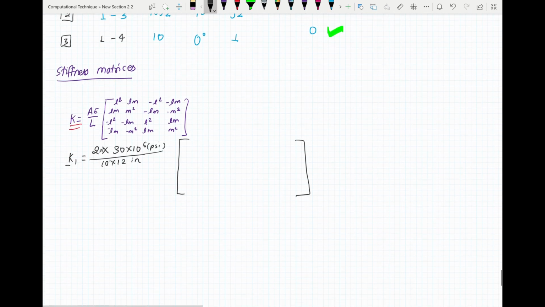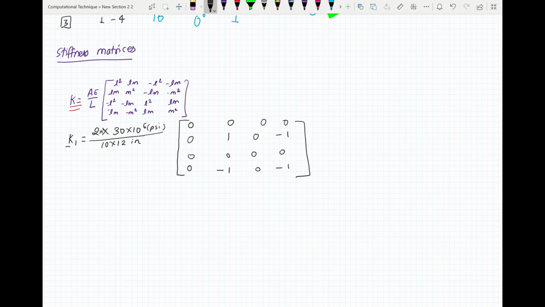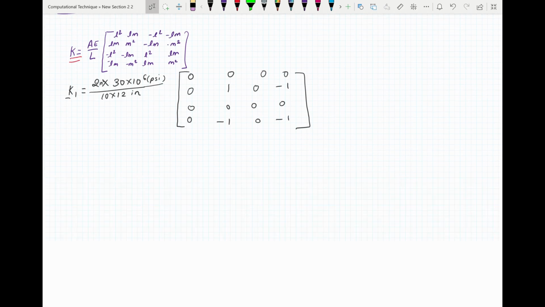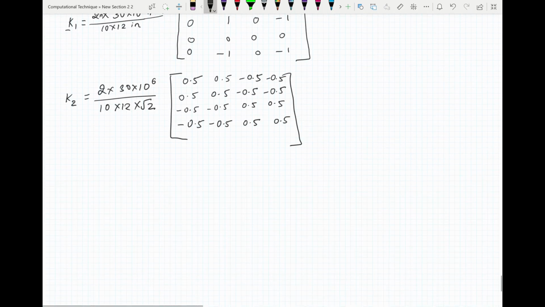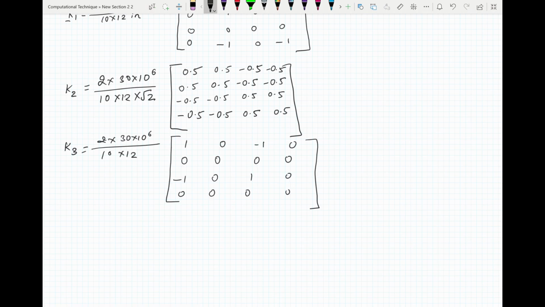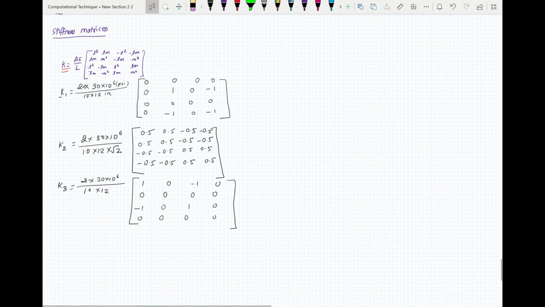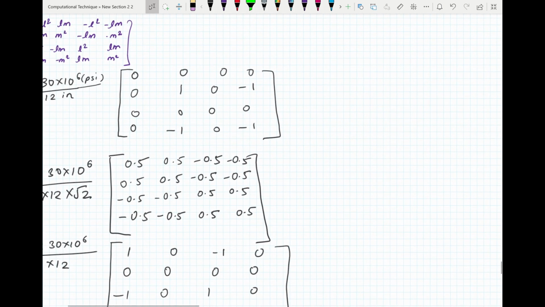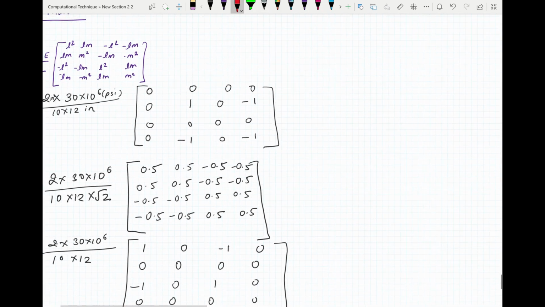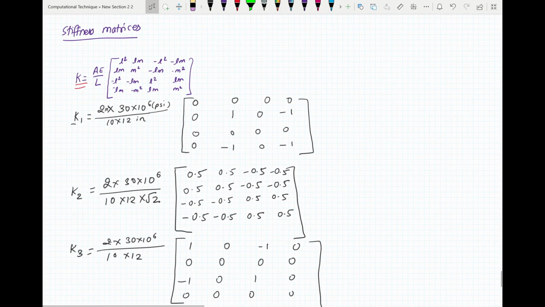So for this case, now for your K2, K3, like we did in the bar elements, we have to label our degrees of freedom.